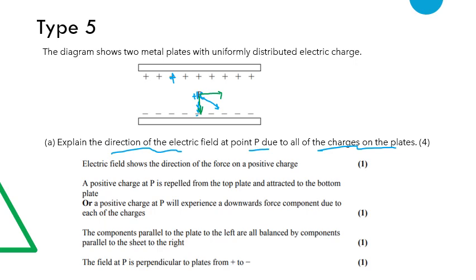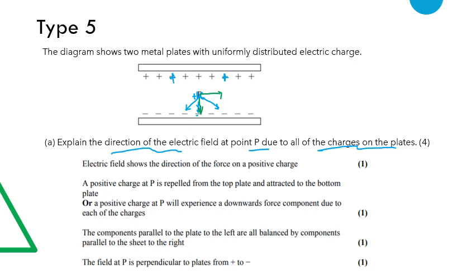That could be cancelled by the force produced by the corresponding positive charge on the right side. So due to this charge, the direction of force or push will be happening in this way.